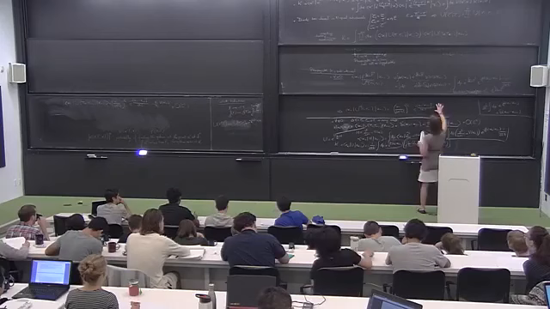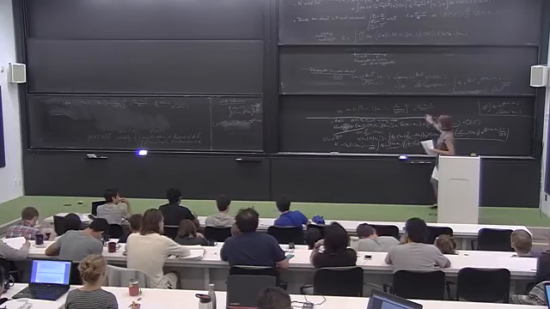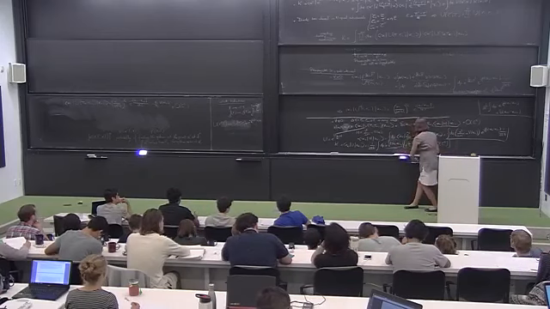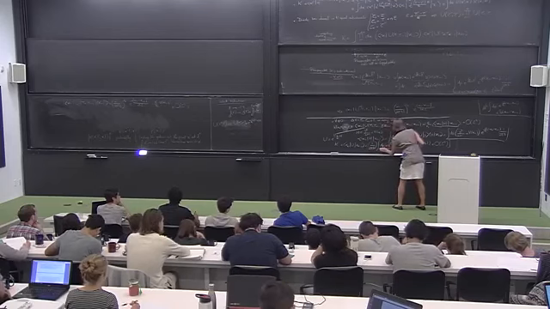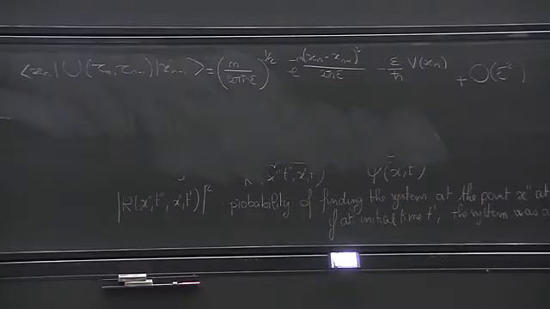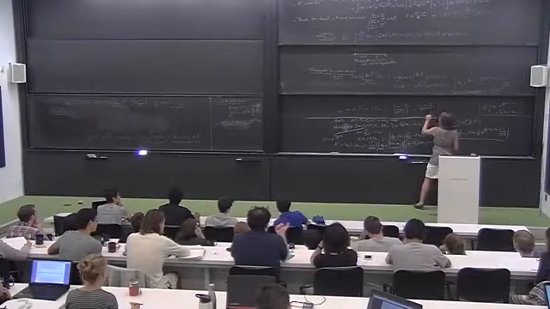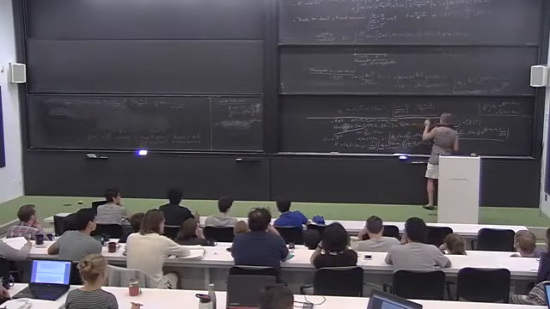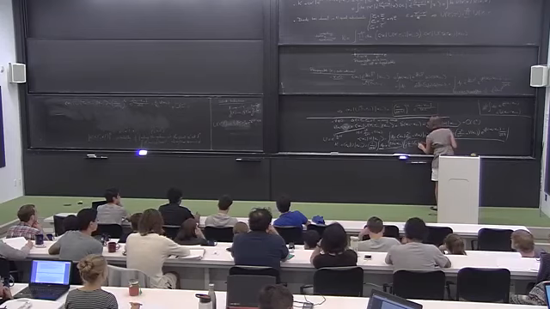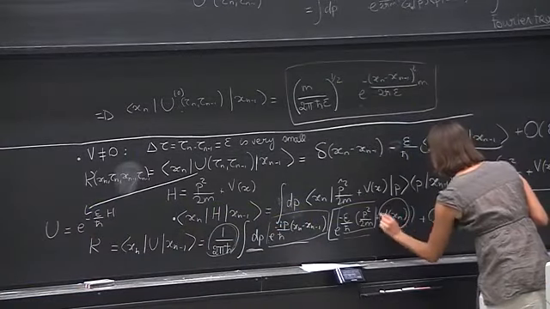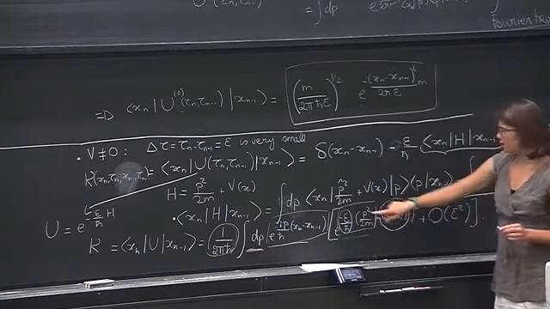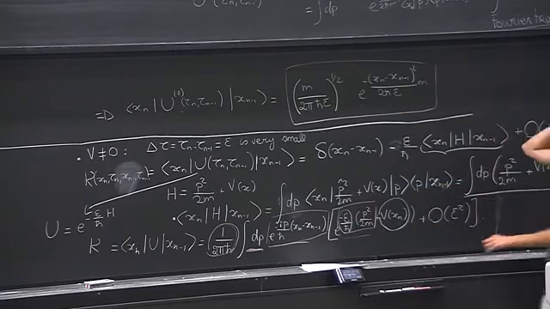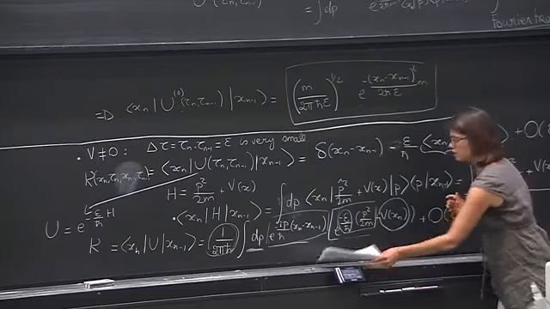Here I just used this result. So all the terms in pink or red, I don't know, with the integration over p can be combined to give exactly this term. And then I'm just left with the purple term, which is an exponential of V(x_n) times epsilon over h bar.